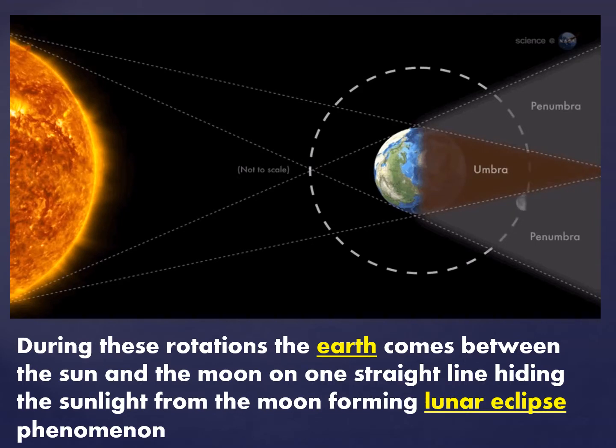During these rotations, the Earth comes between the Sun and the Moon on one straight line, hiding the sunlight from the Moon, forming lunar eclipse phenomenon.